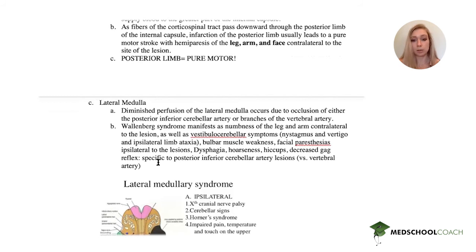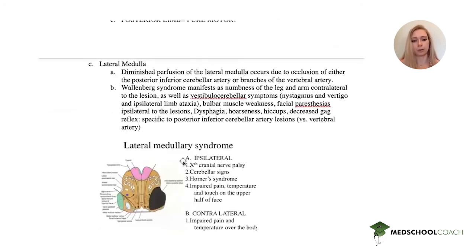Bulbar muscle weakness, so face. Facial paresthesia is ipsilateral to the lesion, and then dysphagia, hoarseness, hiccups, and decreased gag reflex are very specific to posterior inferior cerebellar artery lesions as opposed to the vertebral artery. So know those. Here's a picture of the medulla and kind of what you're going to see in lateral medullary syndrome.